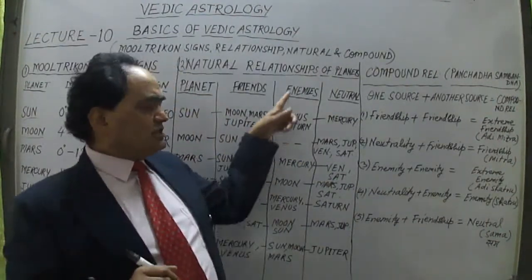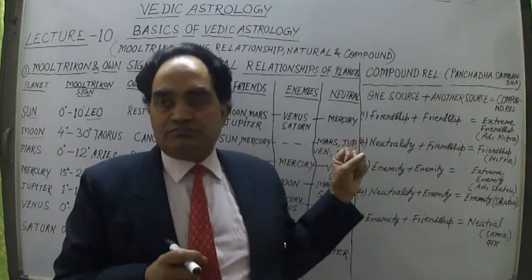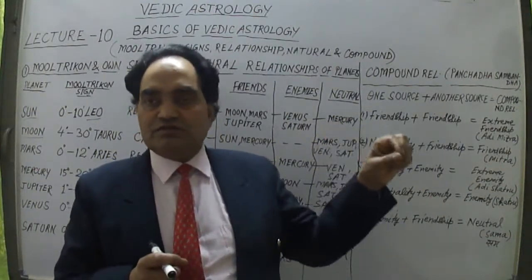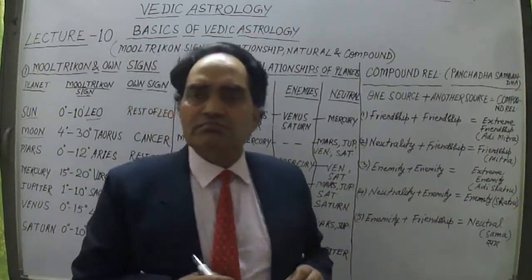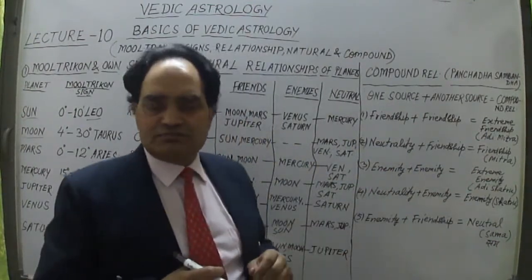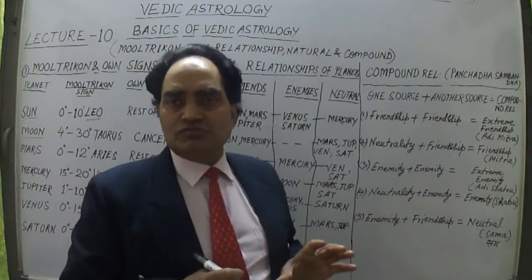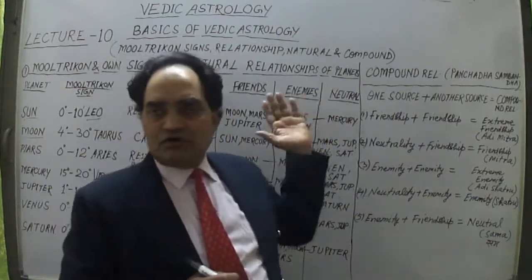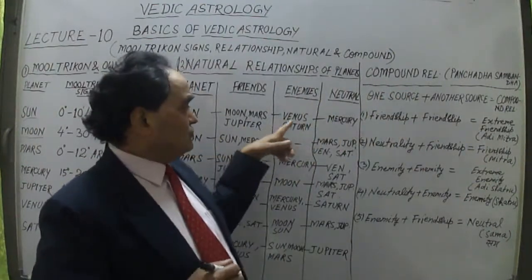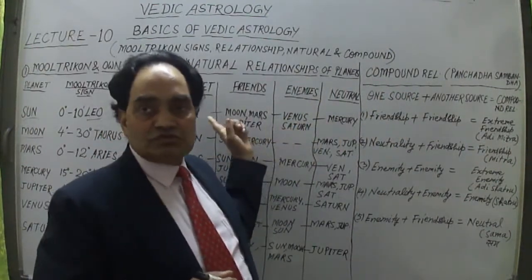Okay, this is natural relationship. If you see that Sun is aspecting Saturn or Saturn is aspecting Sun, they have an enemy relationship. Their results will not be good. Okay, they will give bad results. We will talk about how they are aspecting this and this. So Venus and Saturn are enemies to Sun.